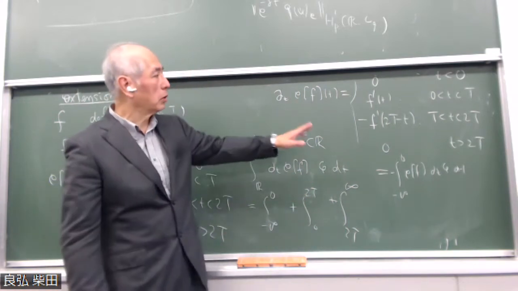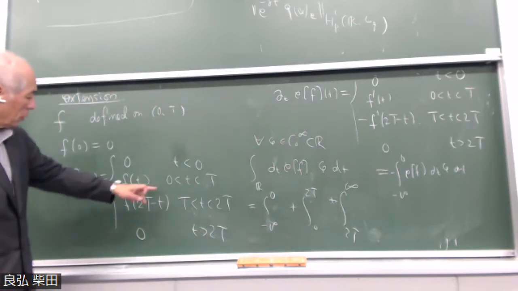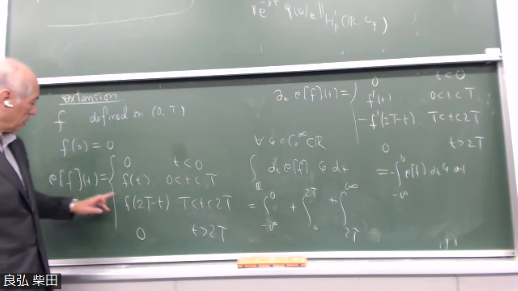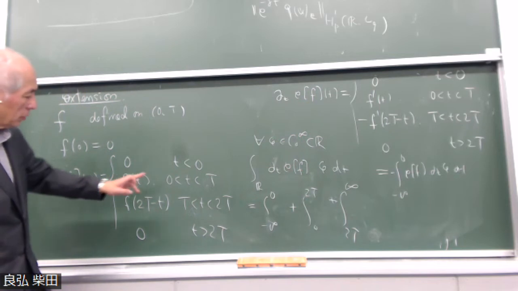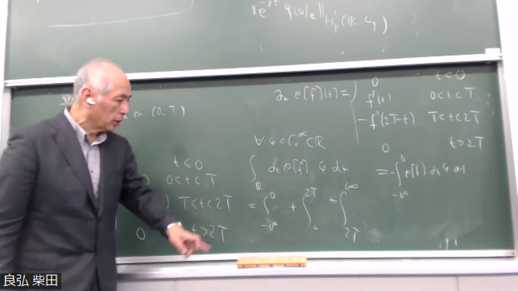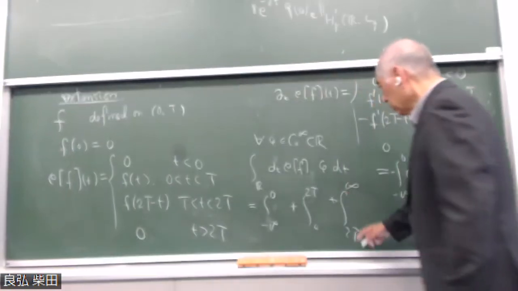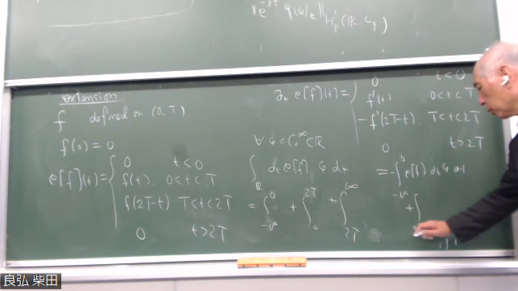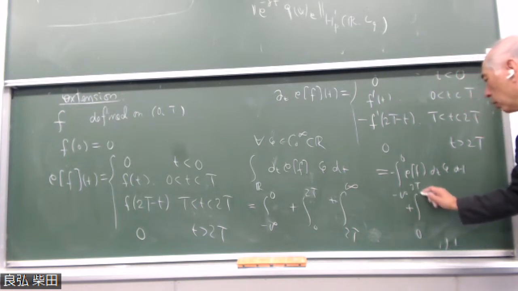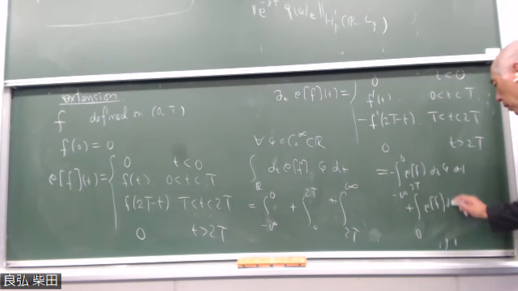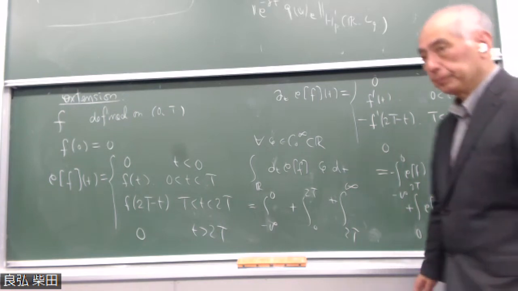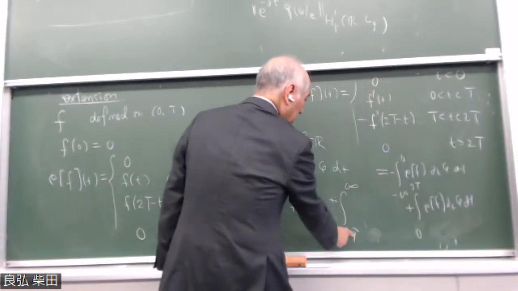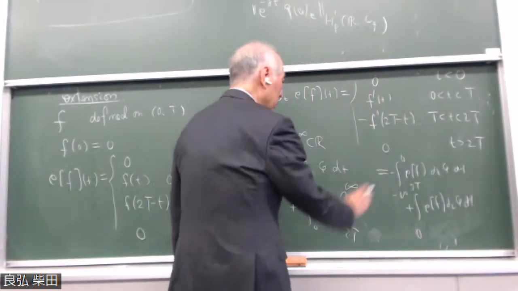At the endpoint t equals 0 this is 0, and at t equals 2T this is 0, since f vanishes there. So with integration by parts you get the integral from 0 to 2T of the extension of f times dt phi, and for the same reason the final part also.